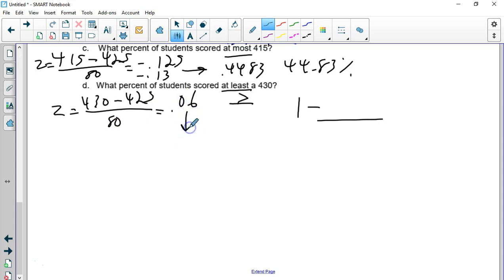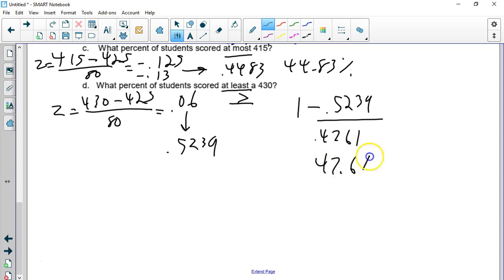On the table, that yields an area of 0.5239. Now, again, 52.39% scored less than 430. Well, we want greater, so we're going to come over here and subtract. And that gives me 0.4761, or 47.61% did at least a 430 or better.